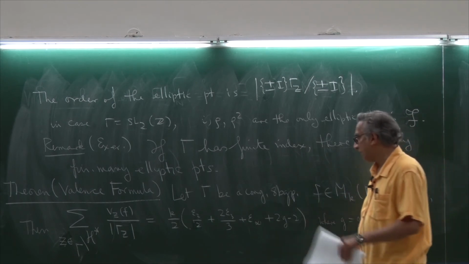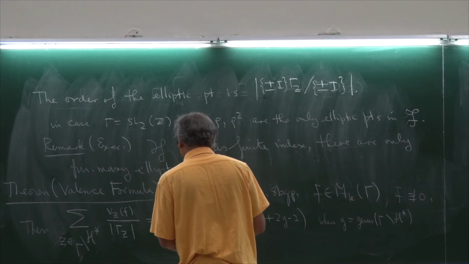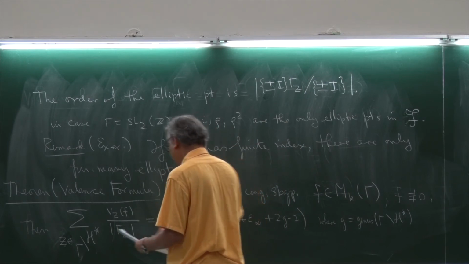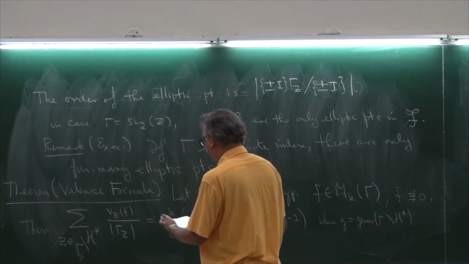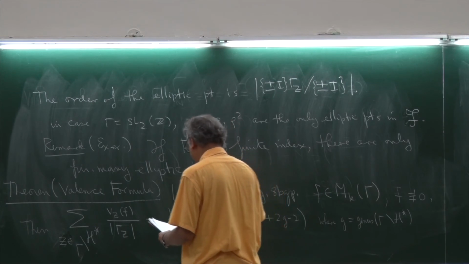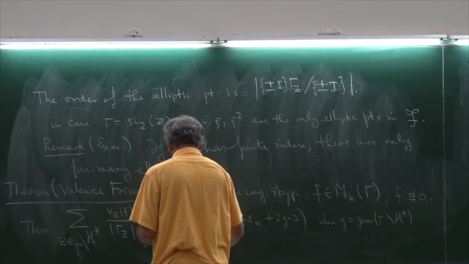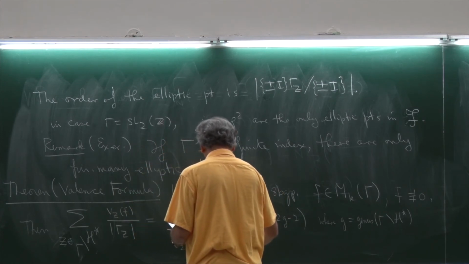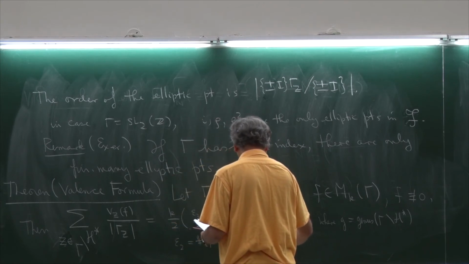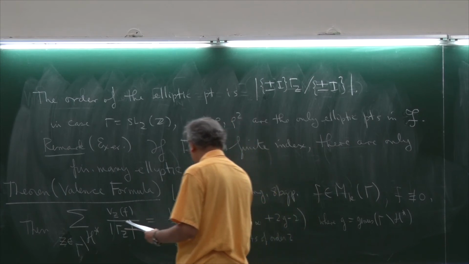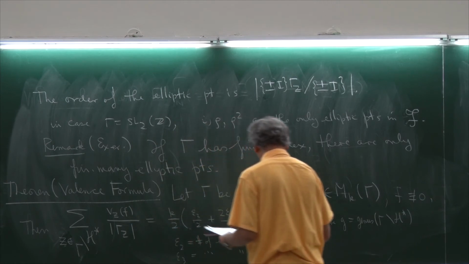So that makes sense. So what are epsilon 2, epsilon 3 and epsilon infinity? First, let me point out that this is over these inequivalent points. And epsilon 2 is the number of elliptic points of order 2. Epsilon 3 is the number of elliptic points of order 3.